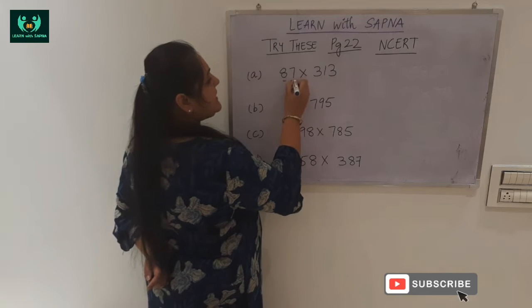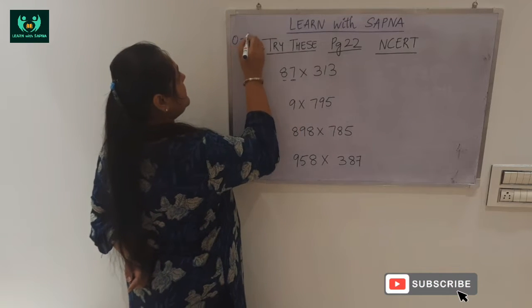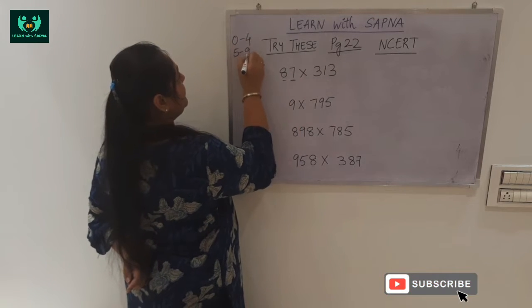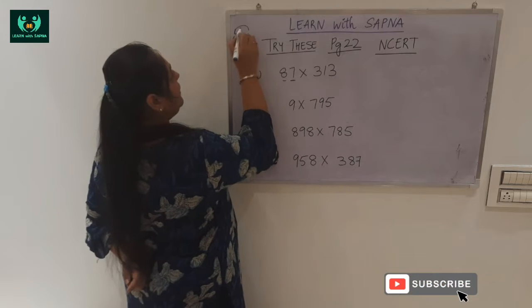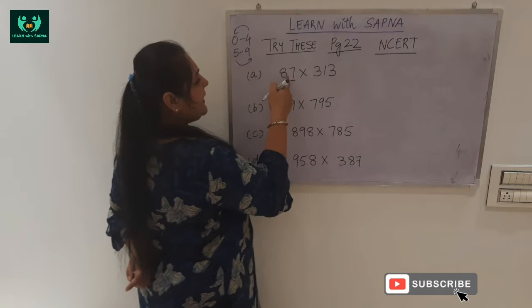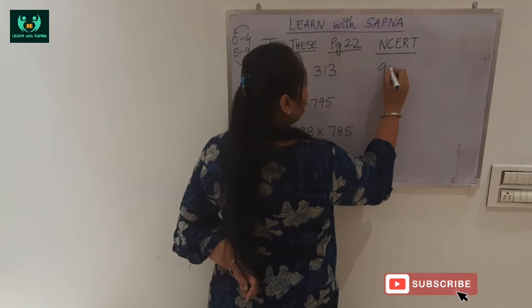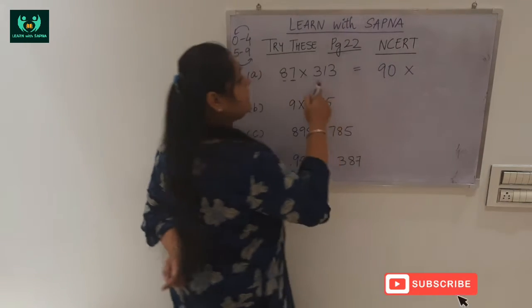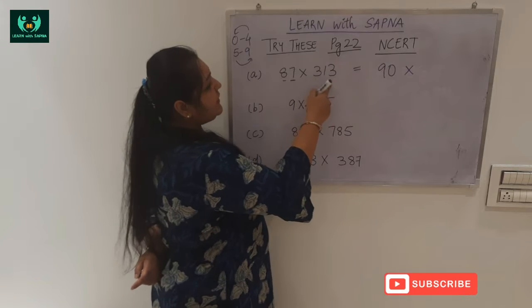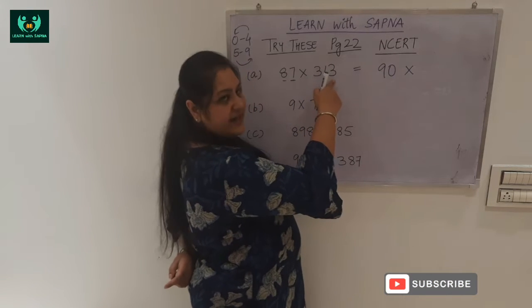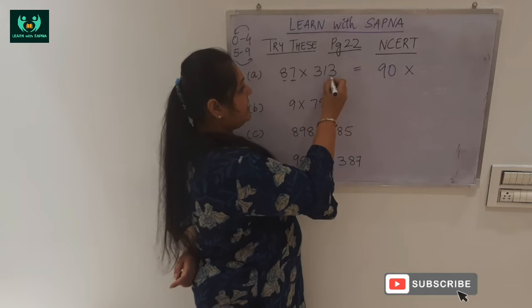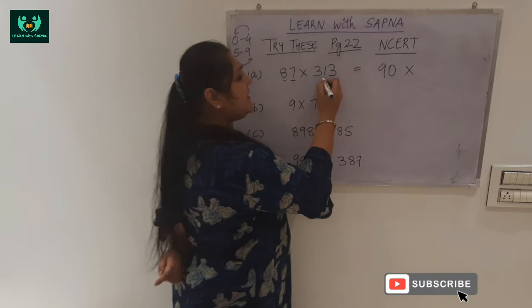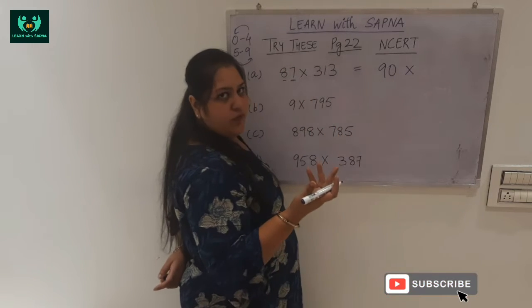Now 7 is again in the bracket 0 to 4 or 5 to 9 for higher and for lower. So this is in the higher bracket. So 87 will become 90. Right? Now multiplied by 313. Now if we approximate it to closest 10, it will become 310. 3 जो है वो lower end पे है, but 310 से हमारा इतना easily solve तो नहीं होगा.